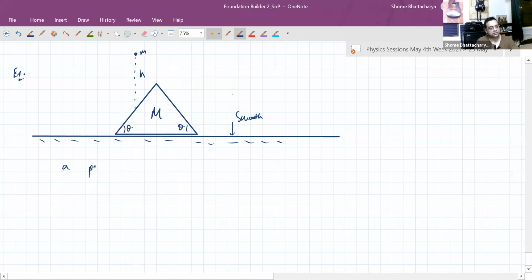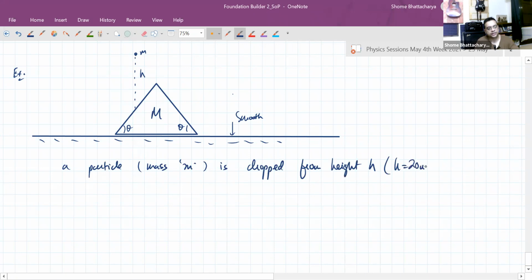So a particle of mass small m is dropped from height h.